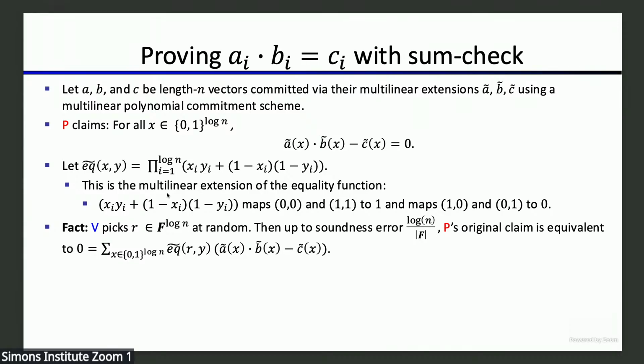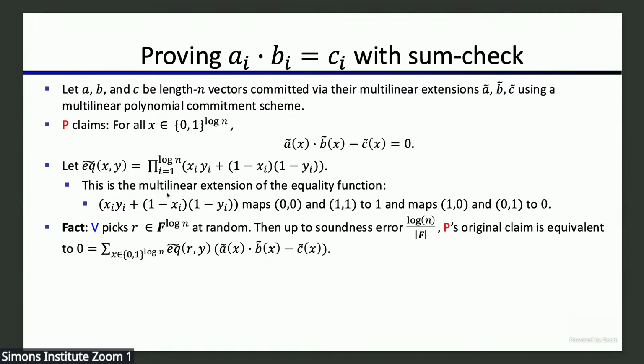Glossing over these details, checking that a(x) times b(x) equals c(x) for all Boolean x, where a, b, and c are multilinear, turns out to be equivalent to just confirming that this sum equals 0. And this thing right here is sort of like giving you a random linear combination. You can work through the details offline, and they're not that complicated. So all you do is apply sum check to compute this sum.